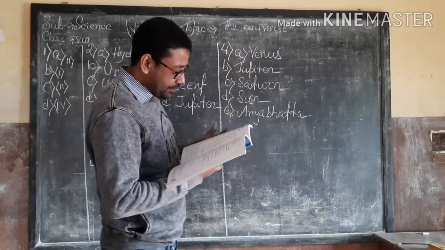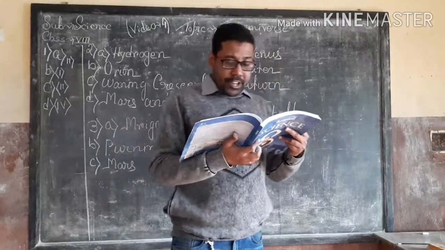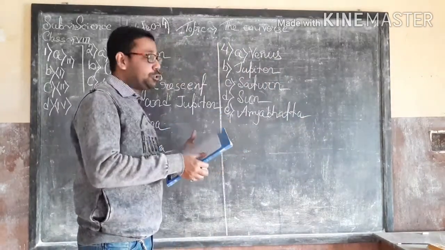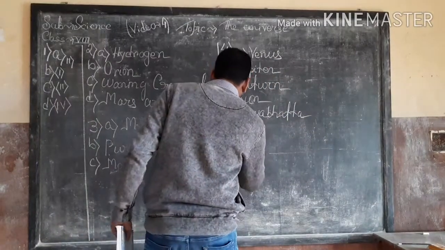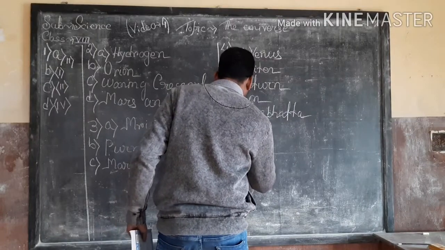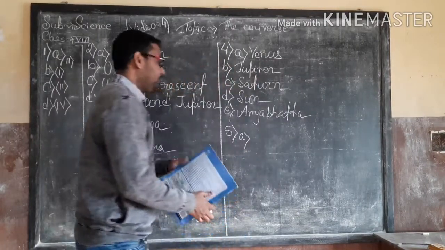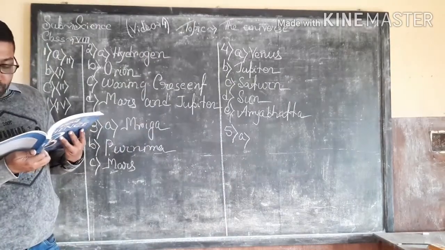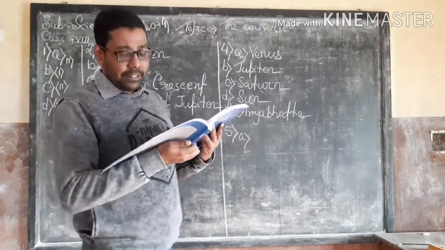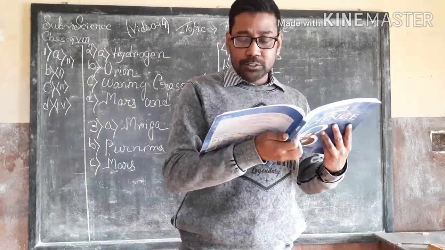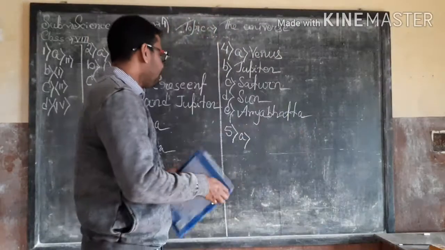Next, 5. The very short answer type questions. The heavenly bodies that revolve around the planets are called moons.